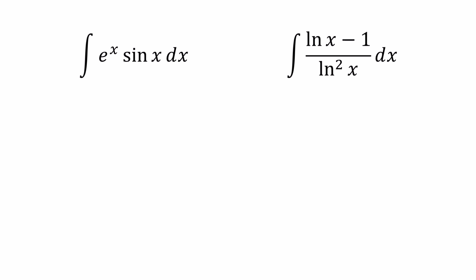In this video, we will use integration by parts to evaluate the integral of e to the x sine of x dx and the integral of ln of x minus 1 all over ln squared of x dx.